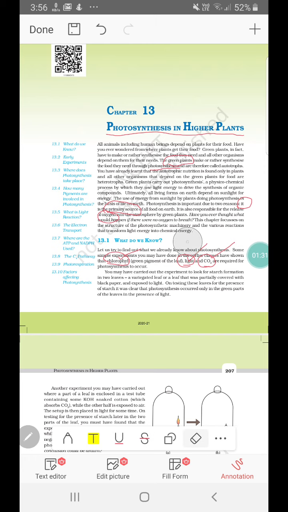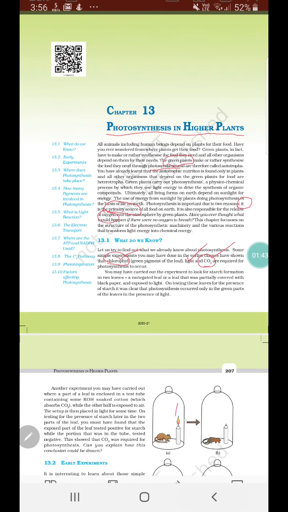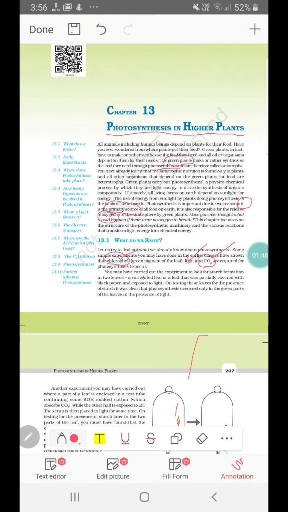Now let us see what other experiments were there. In another experiment, it was seen how chlorophyll is essential. There is a chemical called potassium hydroxide. What happens with potassium hydroxide? It absorbs carbon dioxide.